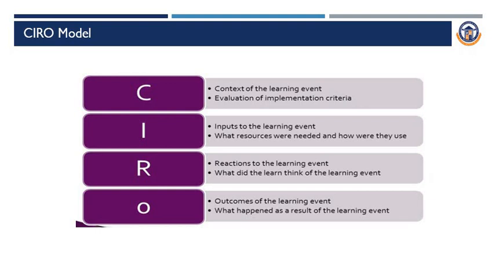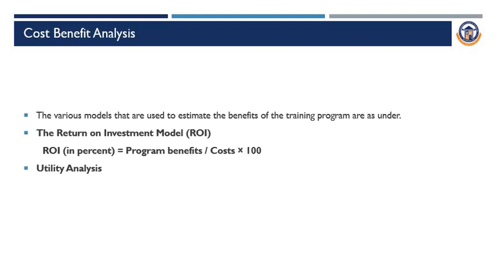This evaluation is obviously subjective, so it needs to be collected in as systematic and objective a way as possible. Next, the outcome. Outcomes are evaluated in terms of what actually happened as a result of training. Outcomes are measured at any or all of the following four levels, depending on the purpose of evaluation and on the resources that are available.